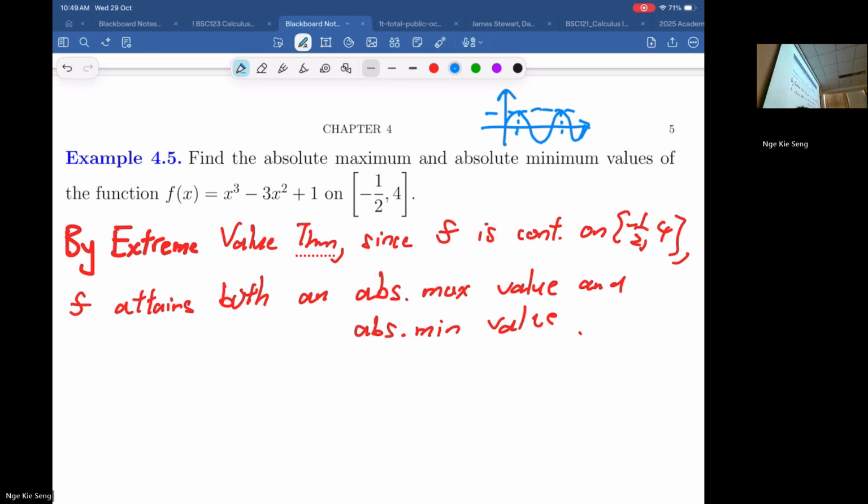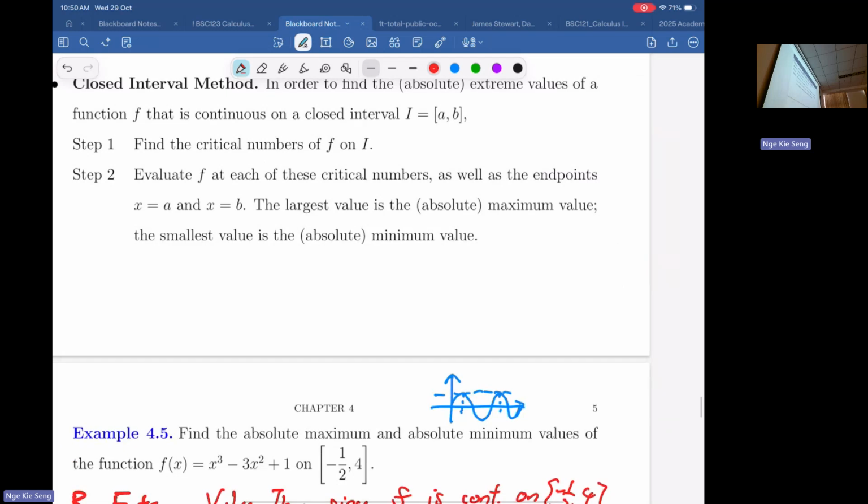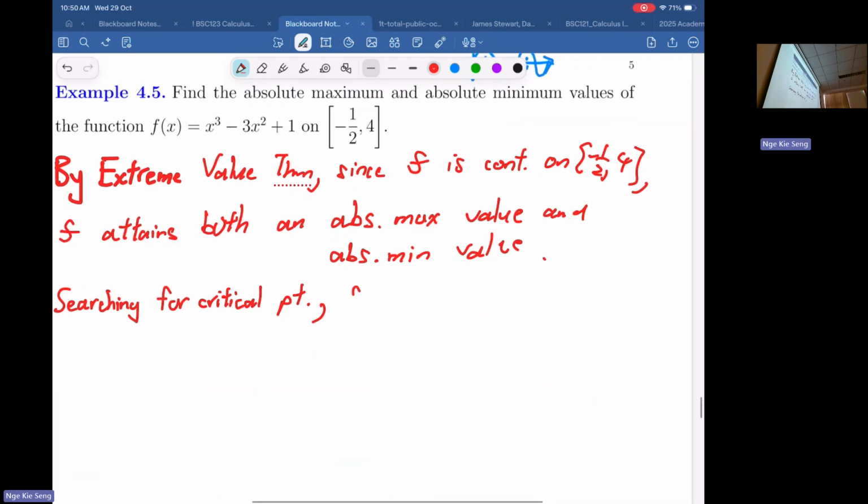Let's see if we have any critical point. To search for critical points, you just set f prime x equal to 0.